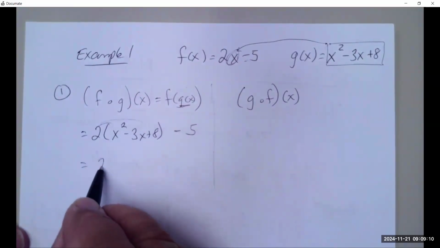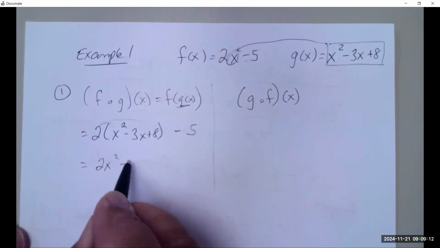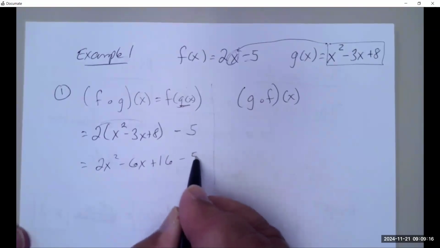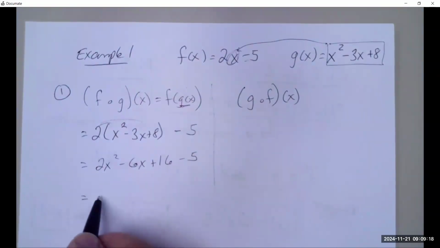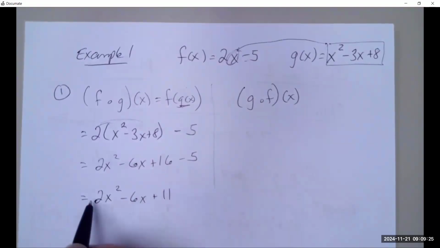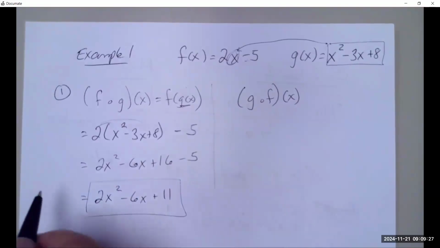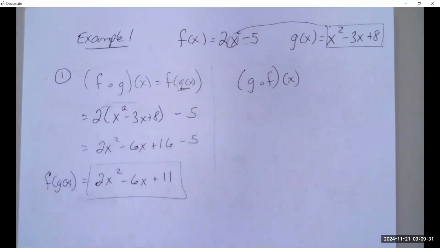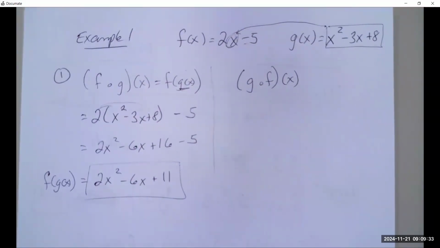Distribute: 2x squared minus 6x plus 16, and combine like terms. So there's my f of g of x, my Fog.